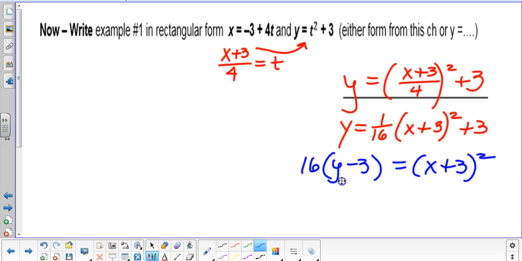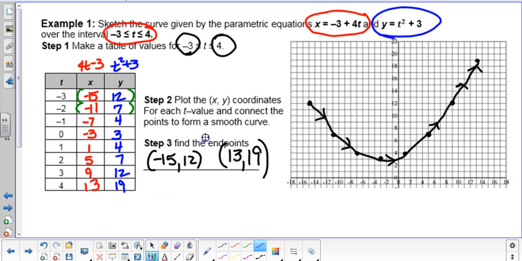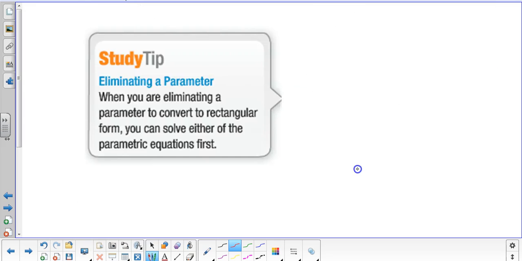Okay. Either one of those has a vertex where? Negative 3, 3. Because remember in this form it was x minus h plus k, and this one is x minus h and y minus k. Anyway, turns out negative 3, 3. Can you go back to number 1? Did it appear that this had a vertex at negative 3, 3? Yes. Okay. Everybody good that this is tying together for you?